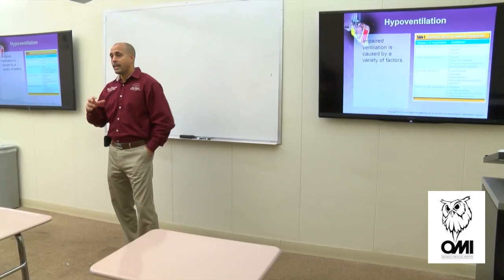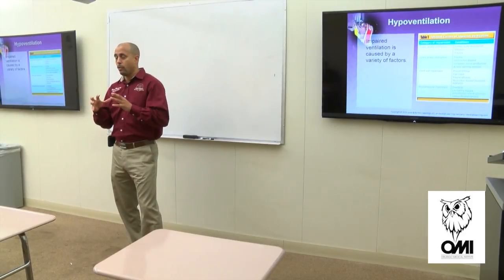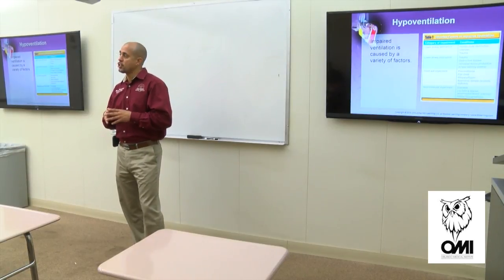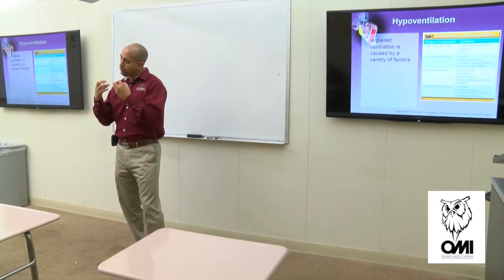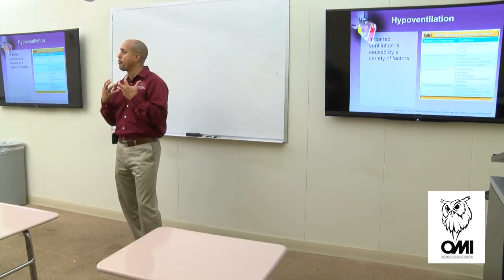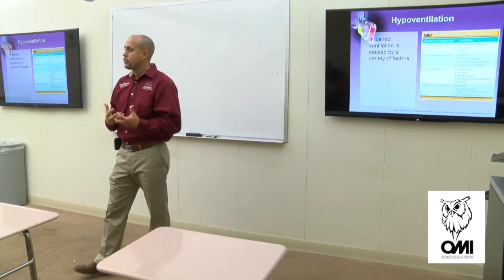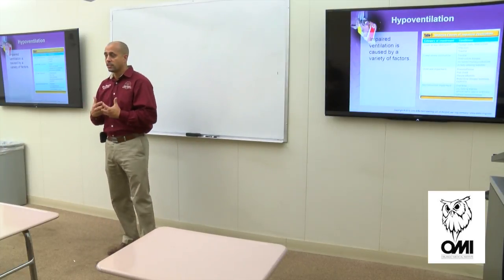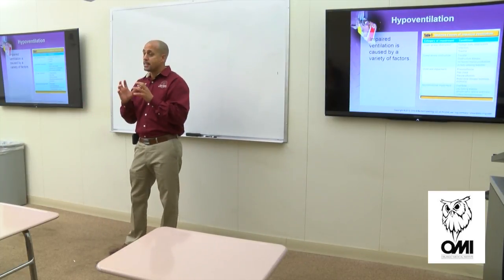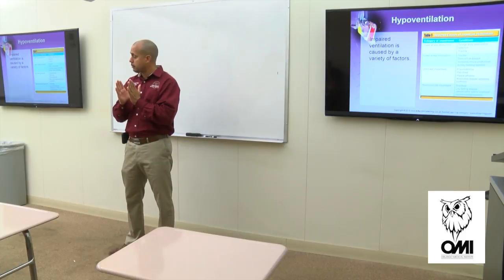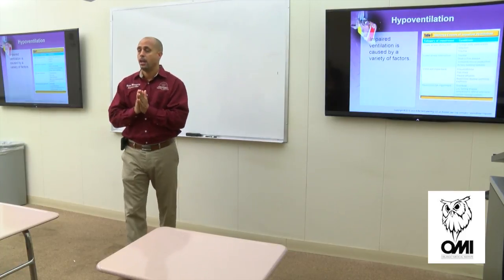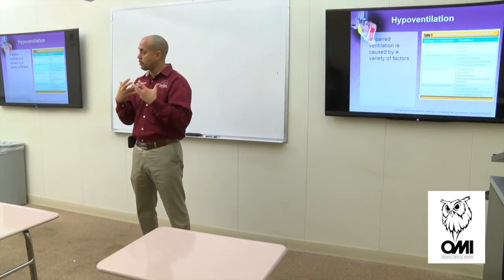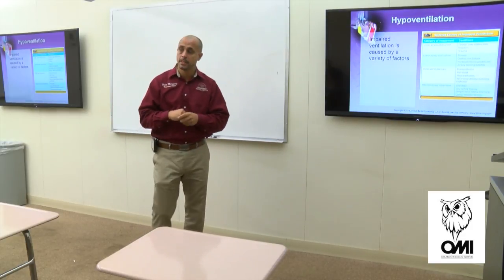So I could adequately ventilate a patient, or think I'm adequately ventilating a patient, but because my patient is so acidic, the oxygen falls off the hemoglobin before it makes it to its target organ. So am I accomplishing my mission by getting that tissue all the oxygen it needs? No. So that's how acidosis can impair the flow of oxygen to tissues because of being so acidic. That becomes the issue. Does that make sense? Everybody with me on that?